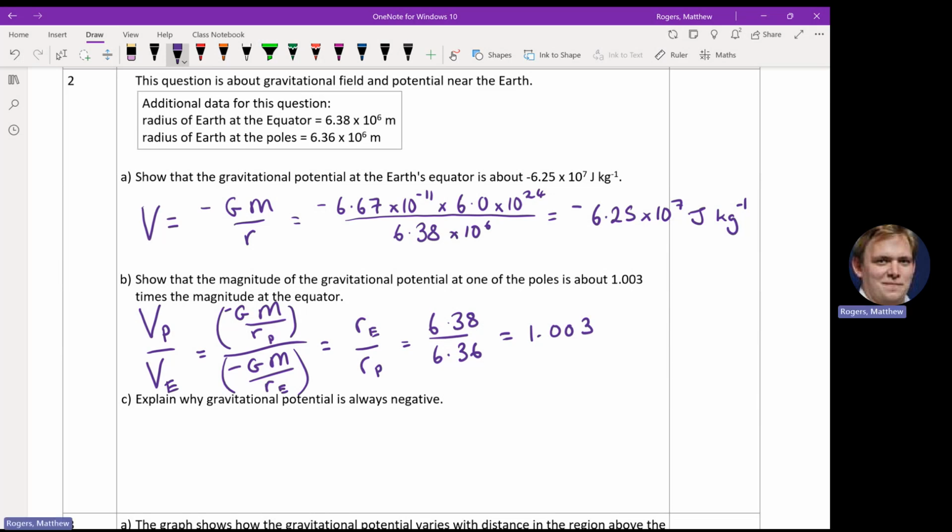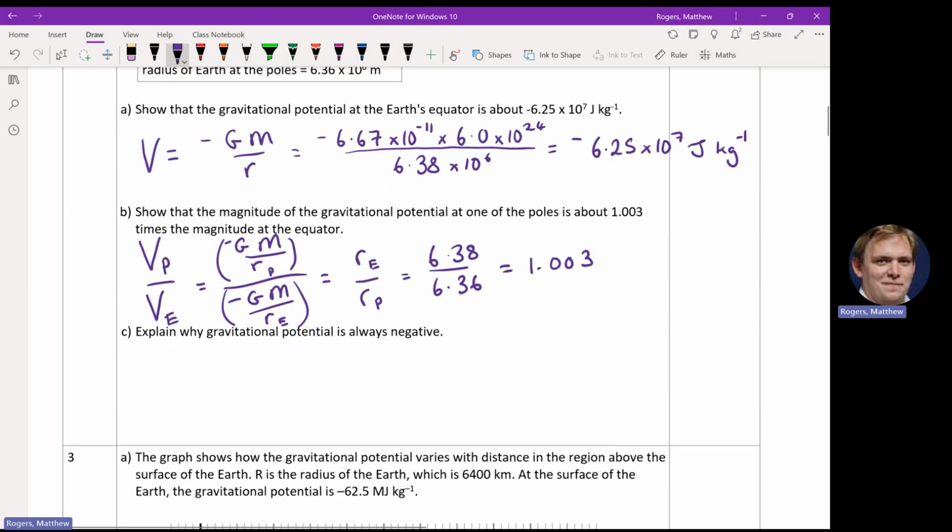Explain why the gravitational potential is always negative. So this is to do with the way it's defined.